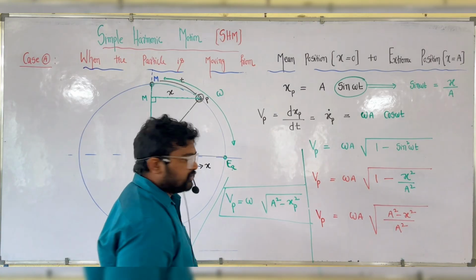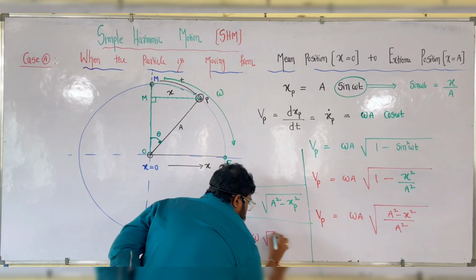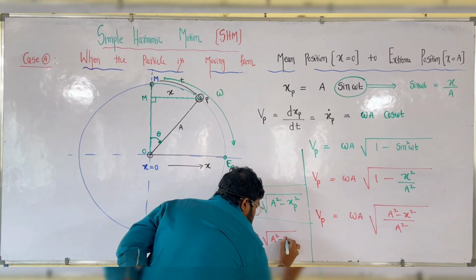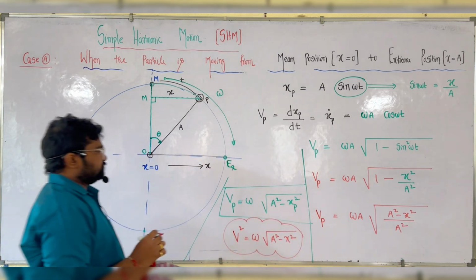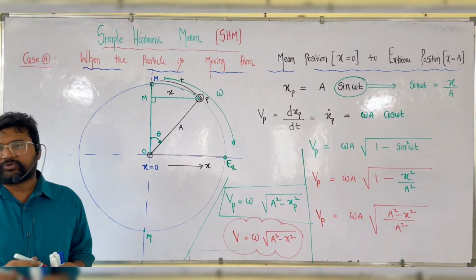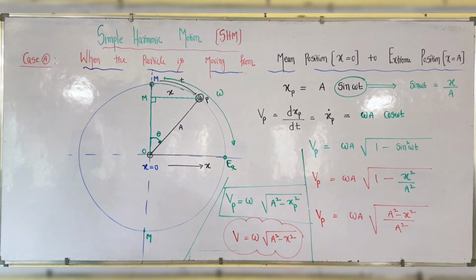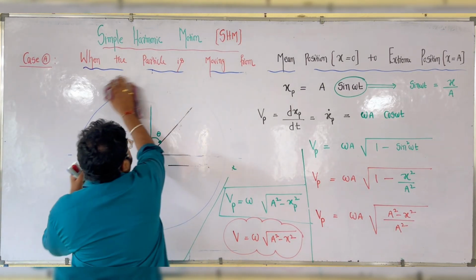So we can write v equals omega into square root of a square minus x square. Clear? Completed.